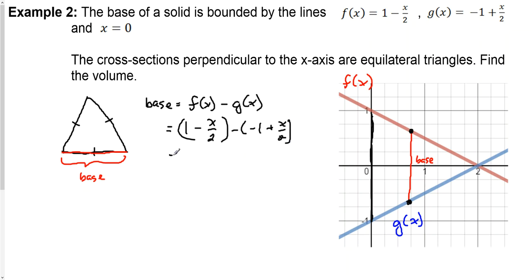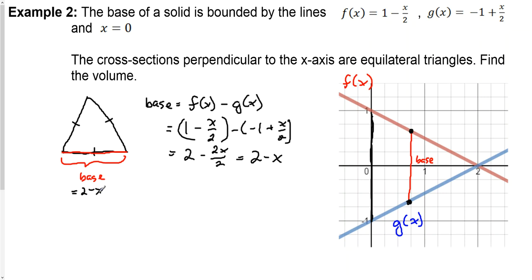And so we can simplify this a little bit. We're going to end up with negative 1 minus negative 1, which is going to give us 2, and then negative x over 2 minus x over 2 is negative 2x over 2, so that's just going to be 2 minus x. Okay, so that's an expression for the width of our base. Our base here is 2 minus x.